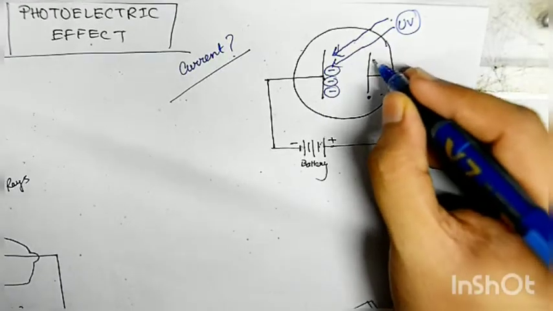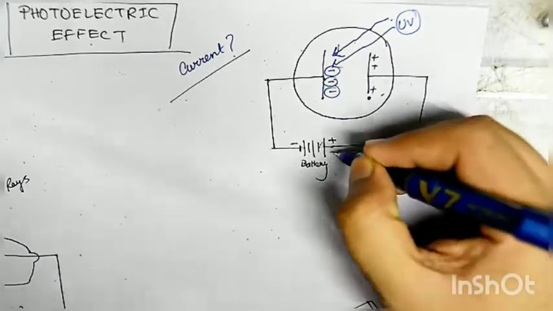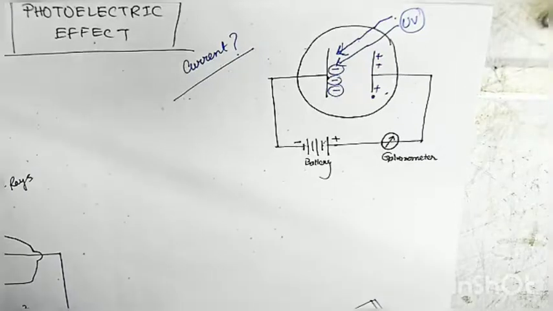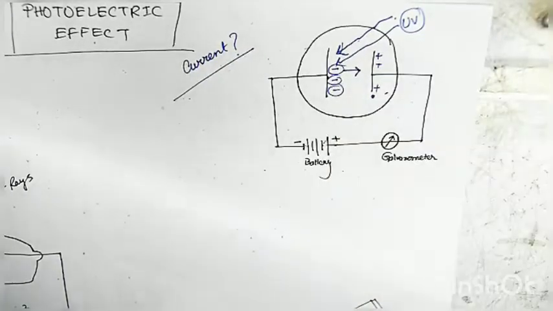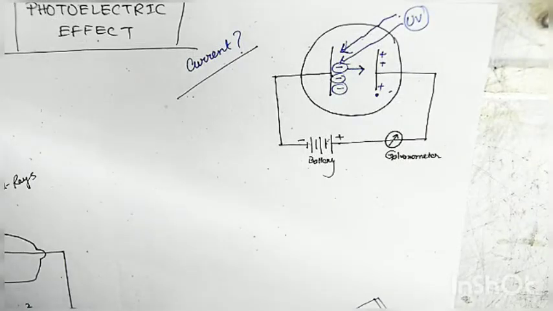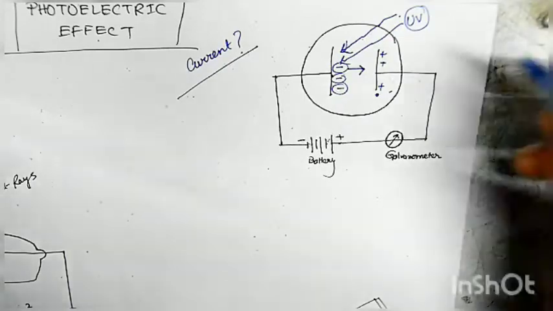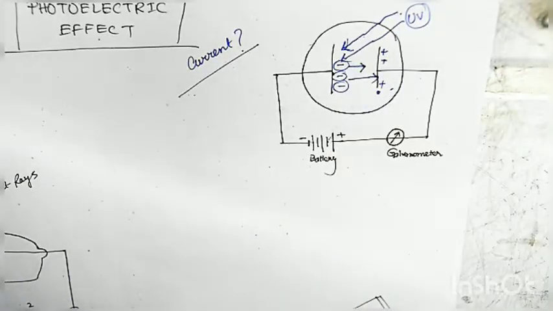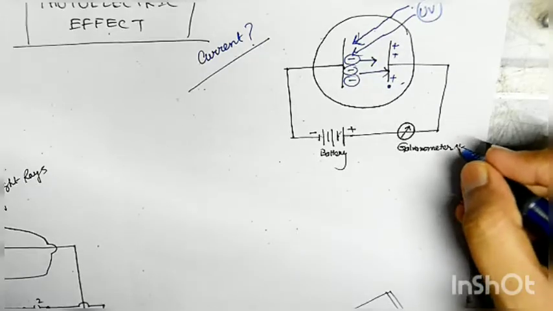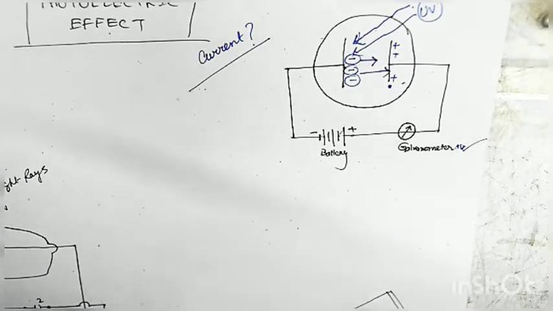As this side of the plates is positively charged, since it is connected with the positive terminal of the battery, these electrons are attracted toward this terminal because of Coulombic attraction. We find that these electrons are moving and reaching this terminal, which causes a current flow in the circuit, and the galvanometer shows that current flow.